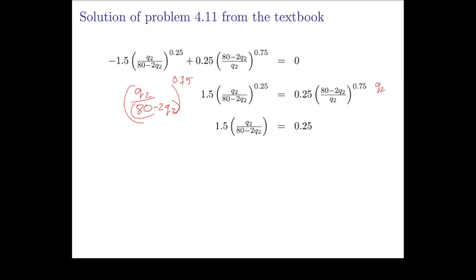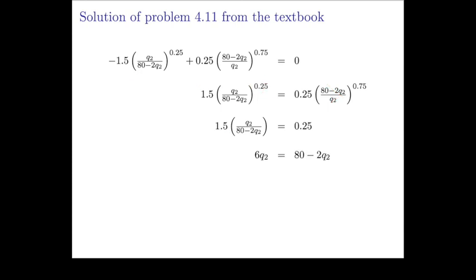Notice on this side, they cancel out. However, on this side, we add up the exponents because we're multiplying the same thing. So we've got 1.5 times q2 divided by 80 minus 2q2 equals 0.25.